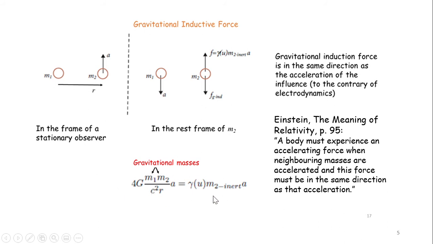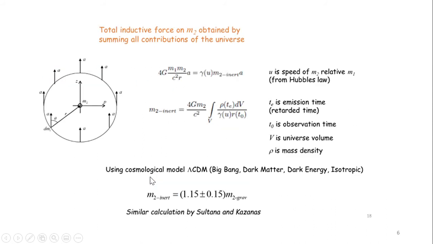So we take this formula and we sum up all mass elements of the universe, M1. So here we have the two object formula. We then model the universe as spherical shells. We have M2 accelerated downwards here, or in the rest frame of M2, all other elements accelerate upwards. And then we integrate from 0 to the radius of the universe, given by our cosmological model. Acceleration cancels on both sides.